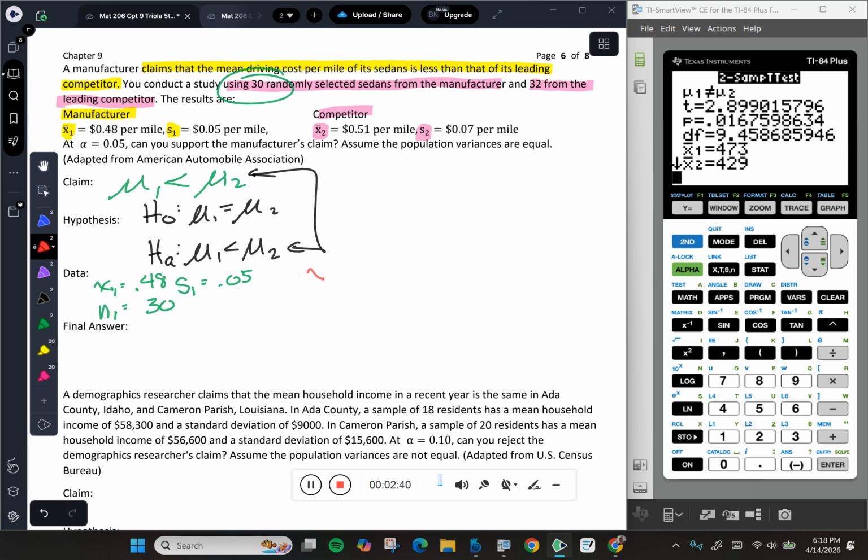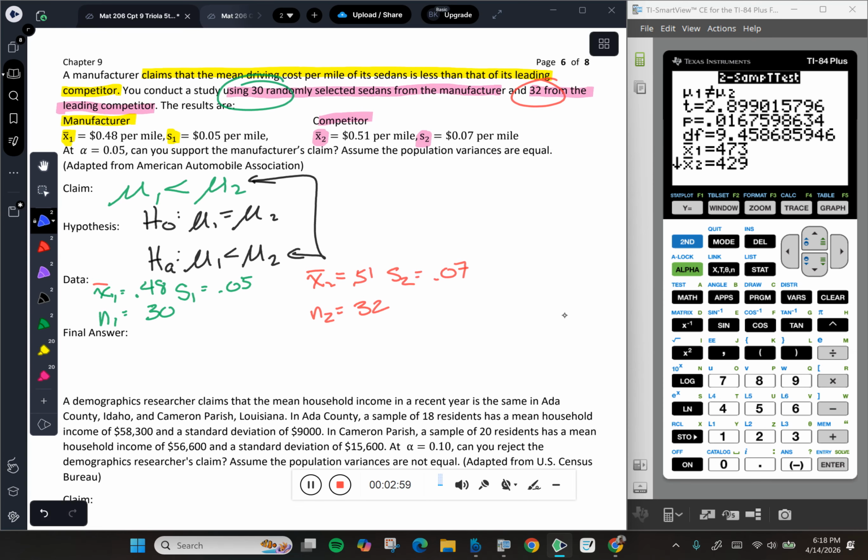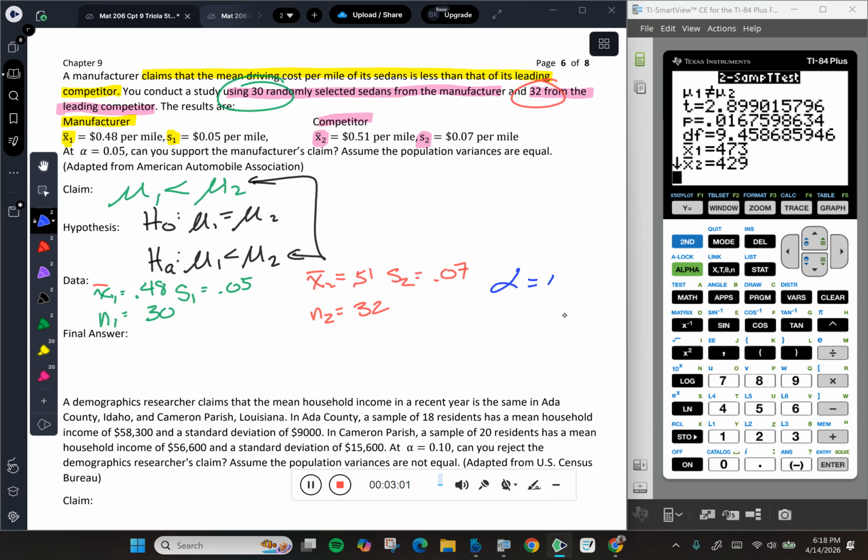I also need data from group 2: an x bar sub 2, an s sub 2, and an n sub 2. Looks like theirs is 0.51, standard deviation of 0.07, n sub 2 of 32. That's our n2 up there. We have an alpha level of 0.05, right here, to run our test.